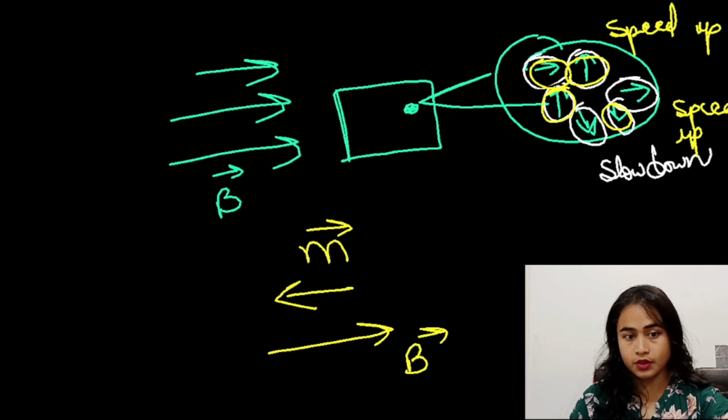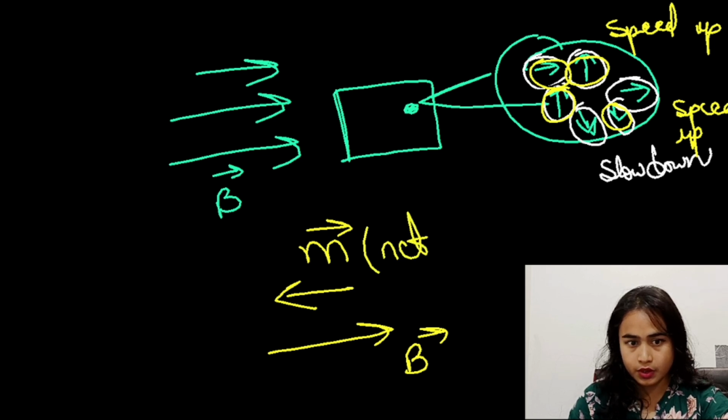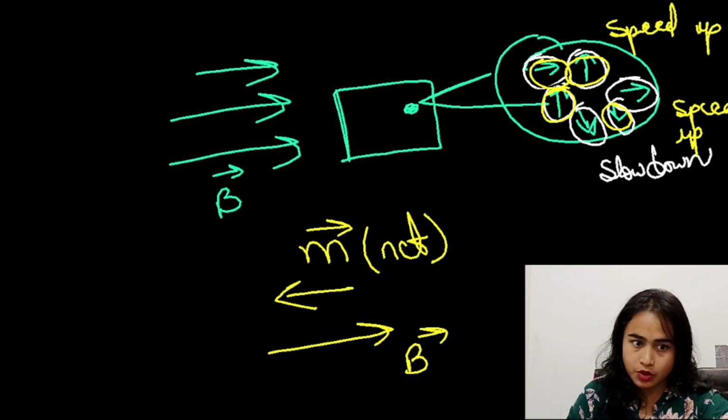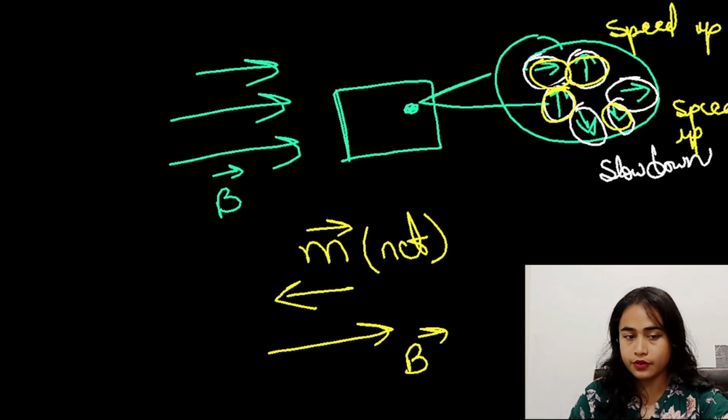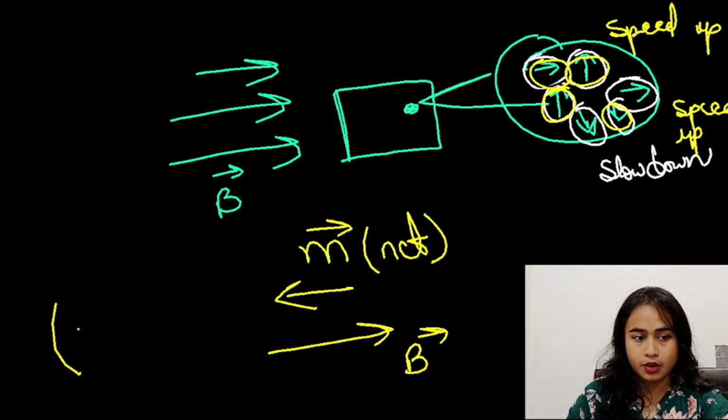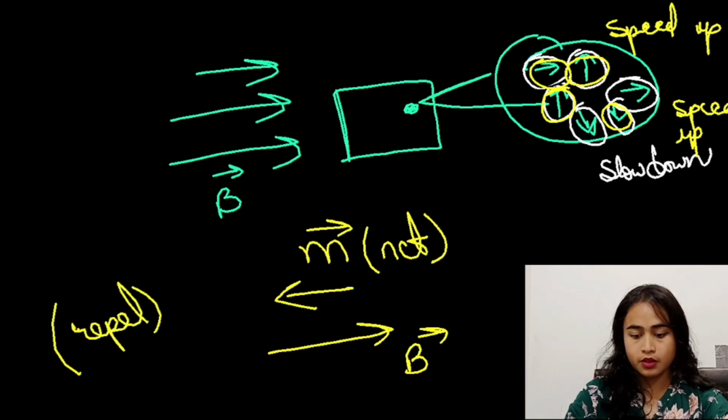This is interesting, because some of them are slowed down and some of them are sped up, so that will be creating a net. So this is your overall net magnetic moment, and that will be in the opposite direction to the applied magnetic field. This is the reason why the diamagnetic substance repels the magnetic field.